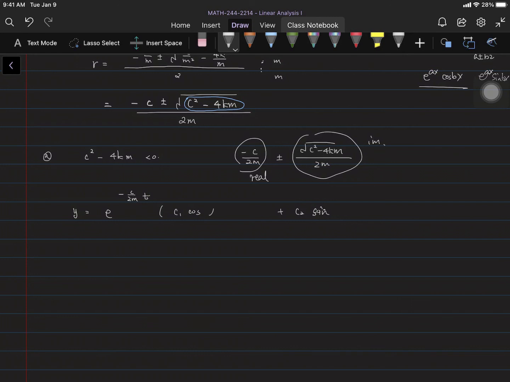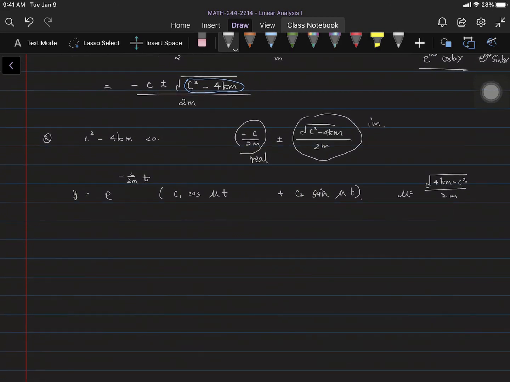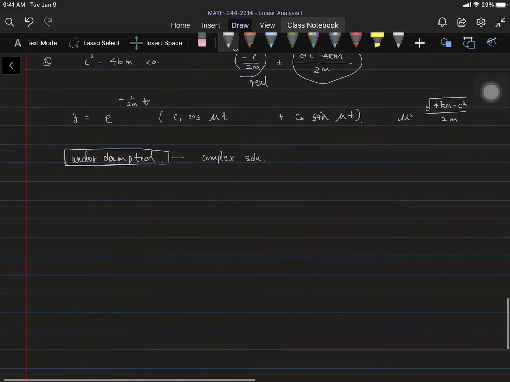For simplicity, we just write mu t, and mu equals the square root of 4km minus c squared, over 2m. In this case, we call that underdamped. I will show you the meaning of this. Underdamped means we have a complex solution, just sine and cosine, an oscillation.